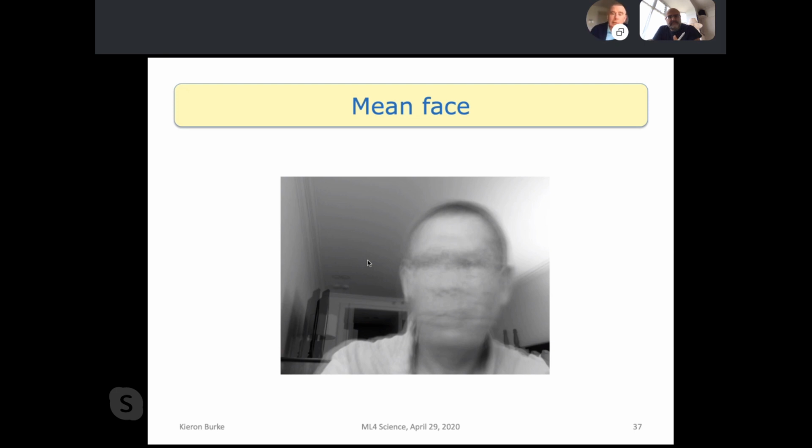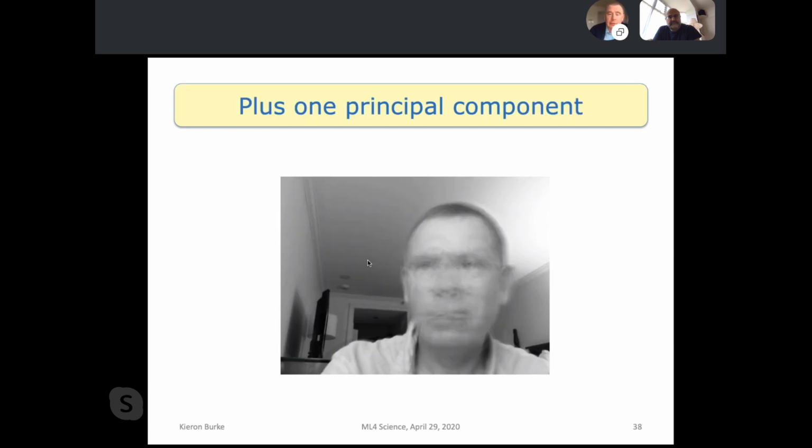And so this is the average. And now I take one particular image and I write it as a combination of these vectors. And so if you add one principal component, you can almost recognize me maybe, right?